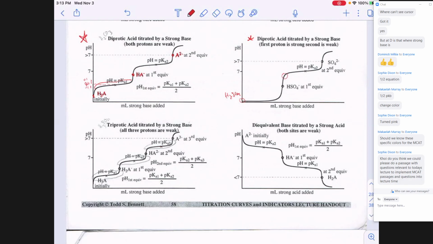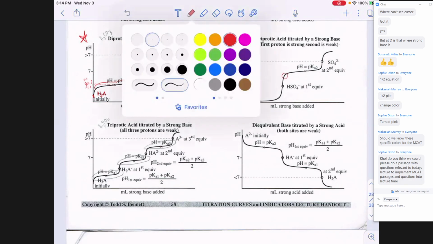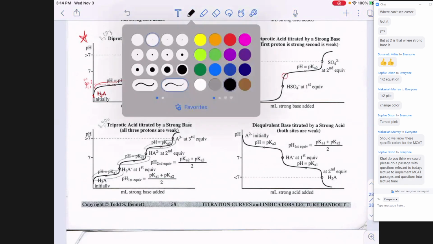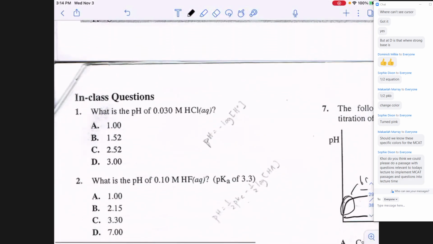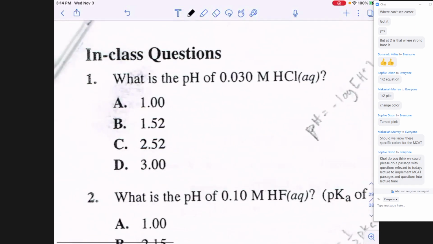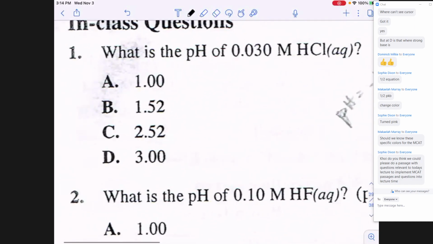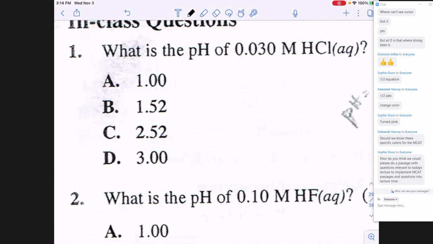Okay. So let's do some practice. Question number 1. What is the pH of 0.3 molar of HCl? Let's calculate it.